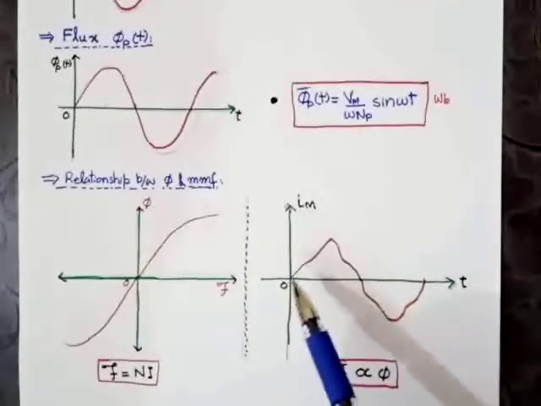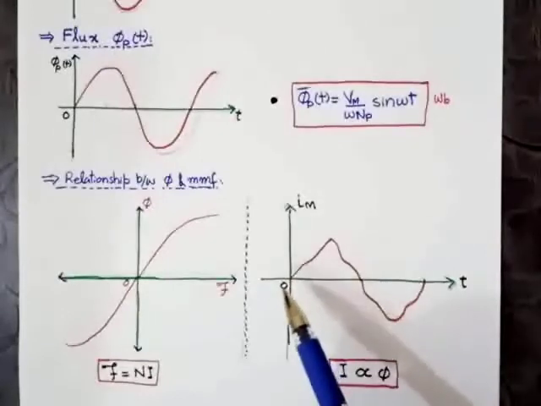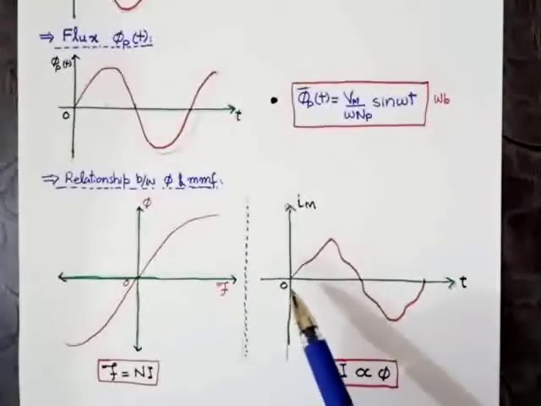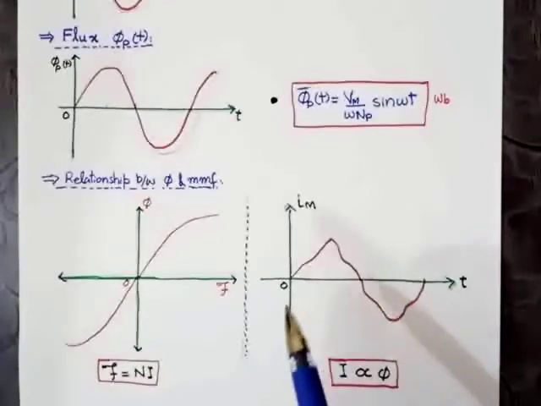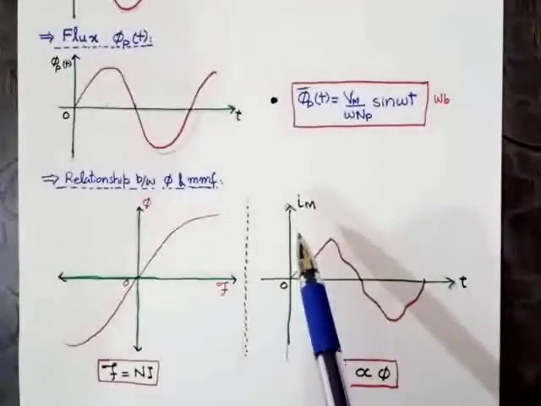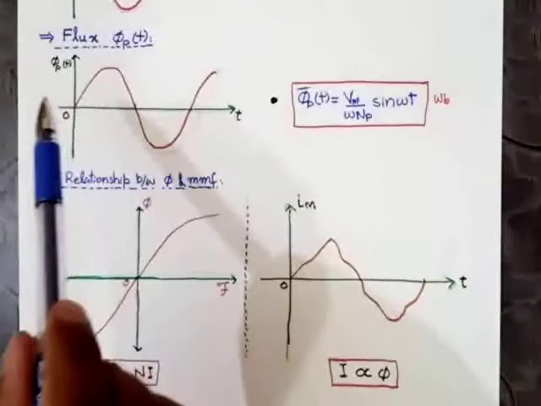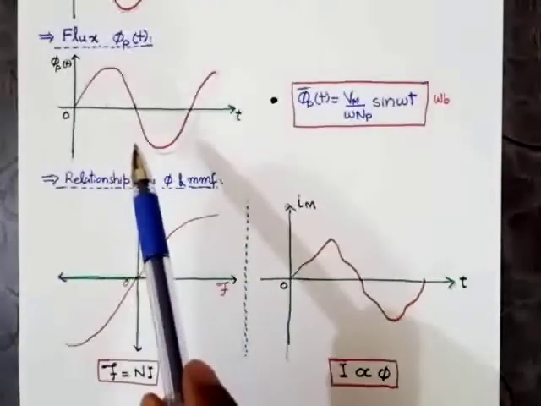That's why the waveform of the magnetization current will start from 0, because the relationship between current and flux is directly proportional.